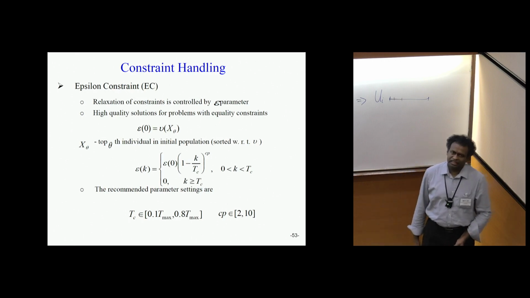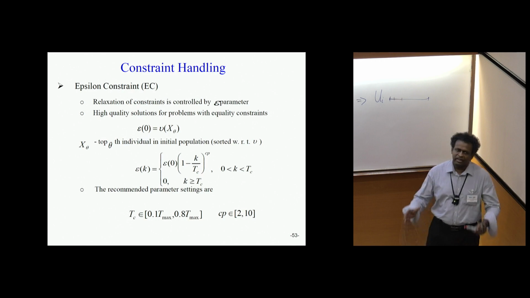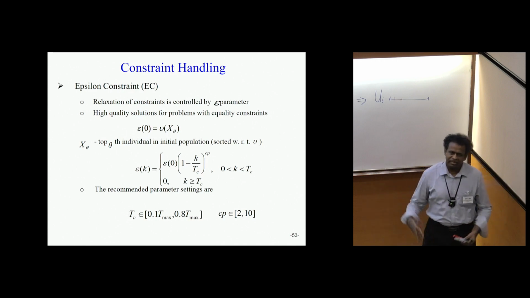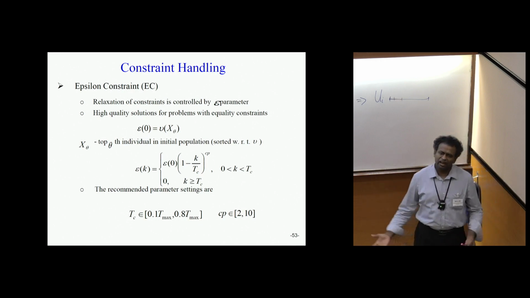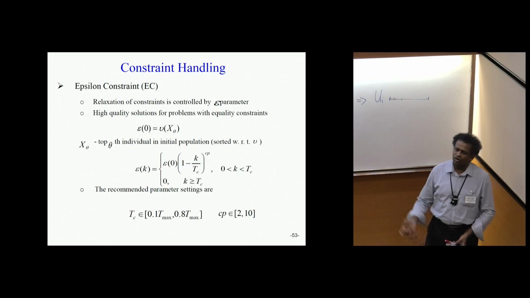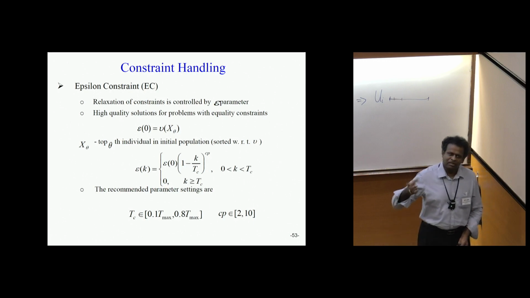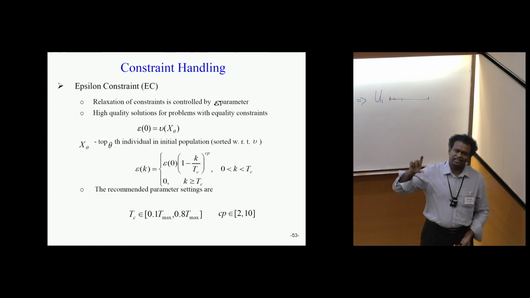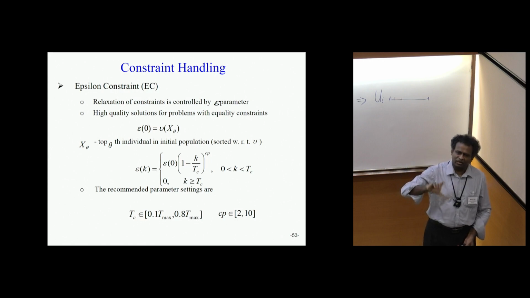in the initial stages. So you generate your initial population, say you generate 100 population members. Out of the 100 population members, usually we want, say, 30% of them to satisfy the constraint, for example. So you go to 30% of the constraint violation and take the constraint violation at the 30% mark as the epsilon value.